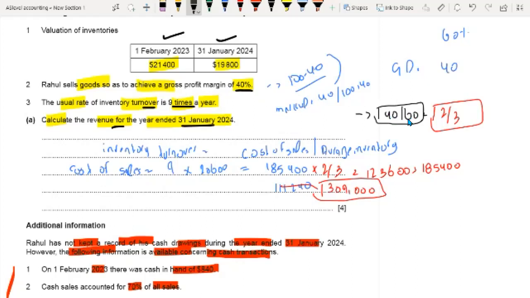So this would give you 40 over 60, and it means that this is two over third part of the cost of sales. So 185,400 multiplied by two over third. So this is your GP, which is 123,600. And we have to add the GP with the cost of sales in order to get the revenue. So this is the revenue, 309,000. So we just found the revenue.